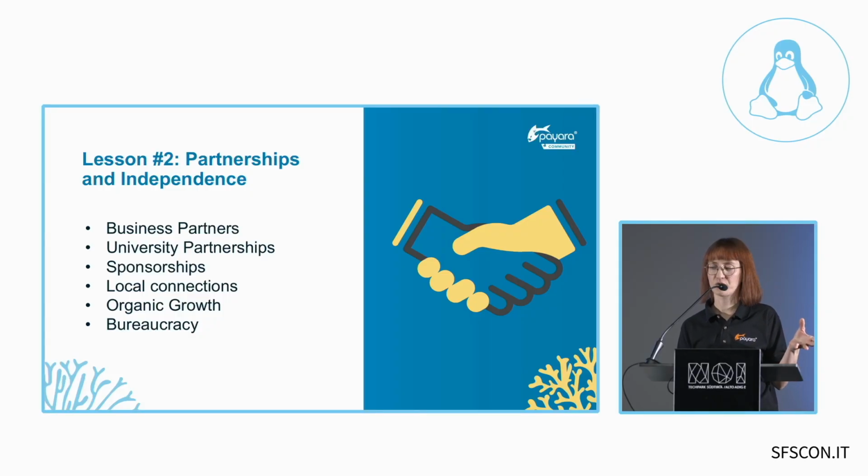Then lesson 2 is partnerships and independence. Java user groups need to have some sort of funding, and there are different approaches to achieving this. Some Java user groups, like Garden State Java user group, for example, have an established partnership program where businesses like Payara can pay once a year and get the whole marketing package that comes with it.